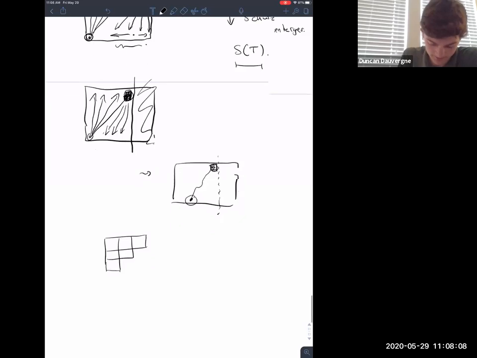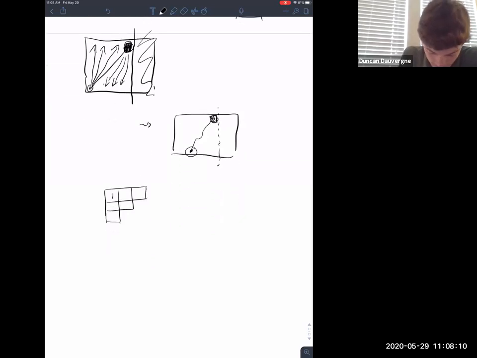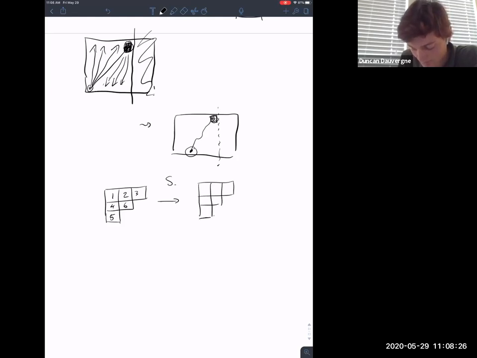I think I'm getting this correct. So if you have a standard Young tableau like this, 1, 2, 3, 4, say 5, 6, you can apply the Schutzenberger involution and you get another Young tableau on the other side. So it's some bijection between Young tableaux, and it's an involution because S squared gives you back the original Young tableau.